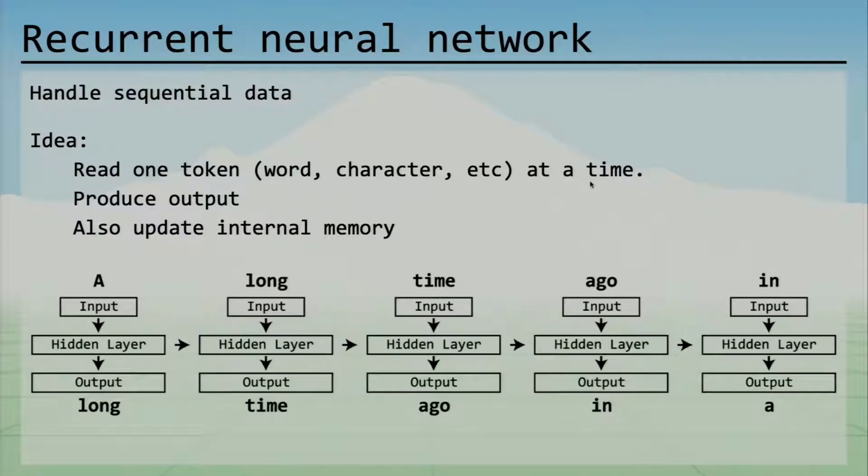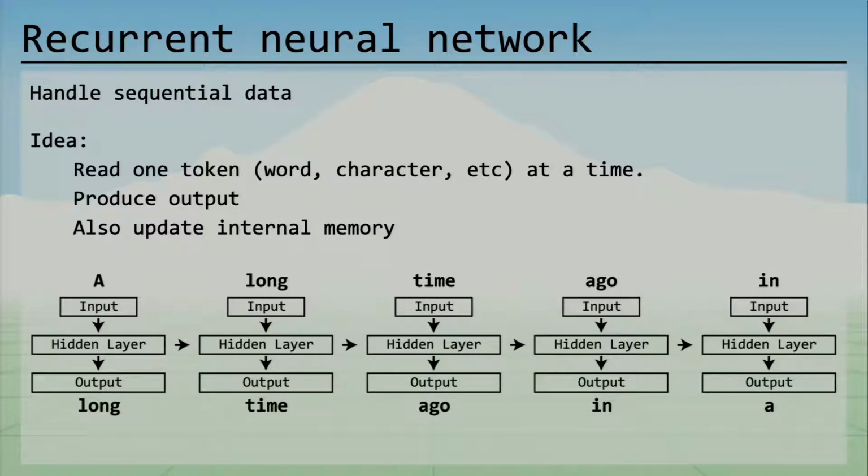And the way that we model this with language, one of the early ways of doing this, was this idea of a recurrent neural network. So recurrent neural networks handle sequential data. The idea is that you'll read in one token, which might be a word or a character at a time, and the network will take in this input, will do some processing on it, will produce potentially some output, and will also update its internal memory or its internal state.